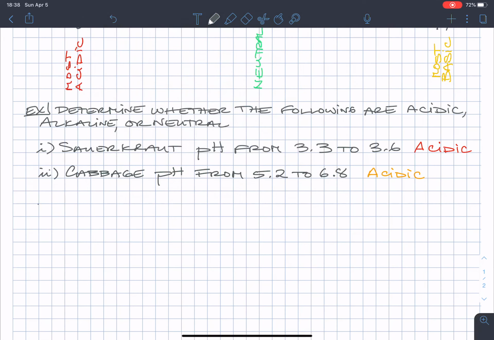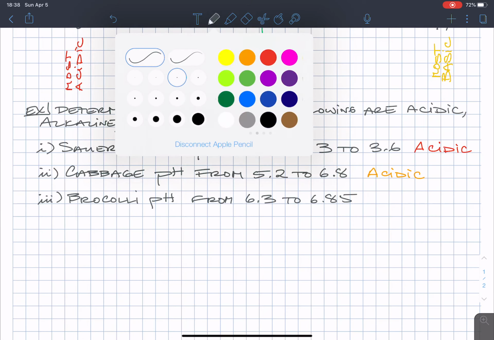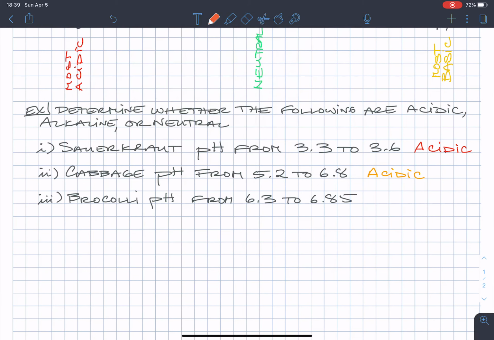Okay, so number 3. So we have broccoli, which has a pH from about 6.3 to 6.85. So once again, that's acidic, but not terribly, right?